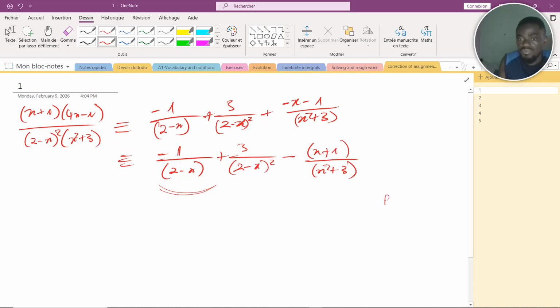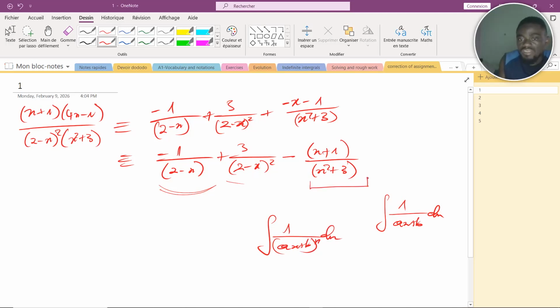This is simply the integral of something of the form 1 over ax plus b dx. This is a linear function, so you know how to integrate it. It's very simple. For this other one, it's still very simple. It's like integrating 1 over (ax plus b) to the power n dx. Is that okay? So we know how to integrate it.